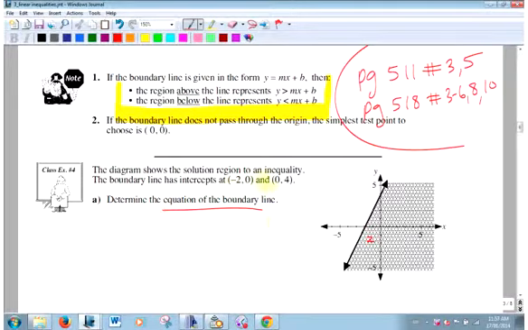What do we know about this thing? It's given the two intercepts, isn't it? Can we find the slope if you're given 2 points? What's the rise over the run here? Rise is 1, 2, 3, 4, 5.